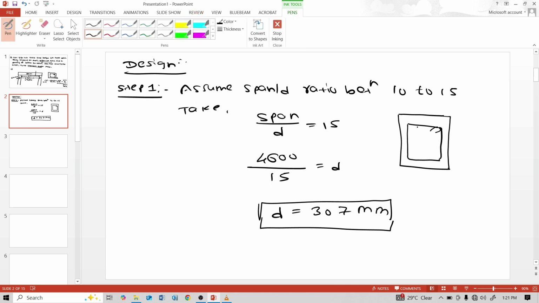This is anchor bars, these are main bars.